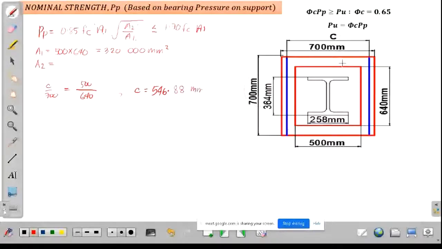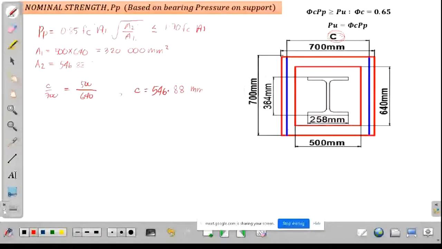So, pag nakuha na natin yung C, meron na tayong area, that is C multiplied by our length, which is 700. So, magiging area po natin is equal to 546.88 multiplied by 700.